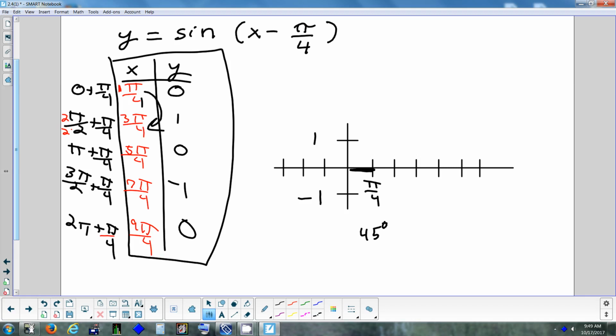So if the next one is 90 degrees away, would I put it on this mark or would I put it on the second one? I would put it on the second one. If you're going to keep everything equally spaced, that's how you have to do it. If you don't do it that way, you might get a graph that looks something like this. One part of it is kind of squished, the other part is kind of stretched out because you didn't space it equally. Okay? So if you get confused with the radians, pretend like it's in degrees.